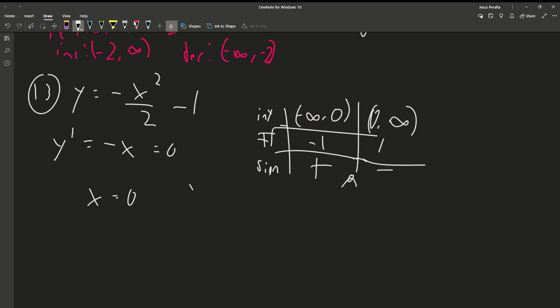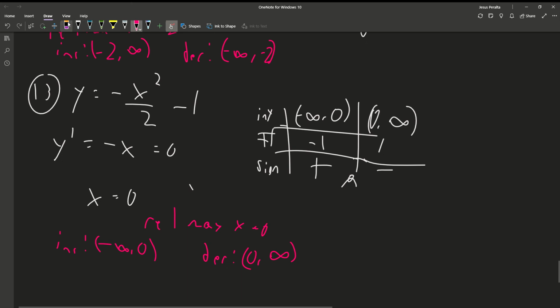So that's the relative max. So then we have a relative max at x is equal to 0, an increasing interval from negative infinity to 0. And then we have our decreasing from 0 to infinity.